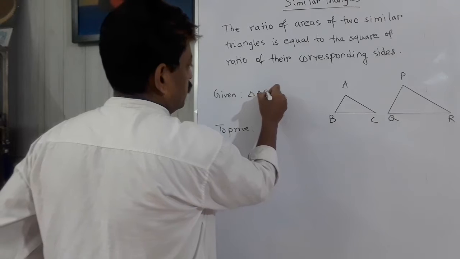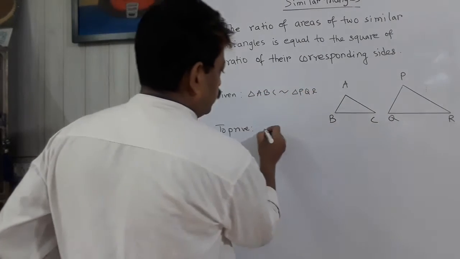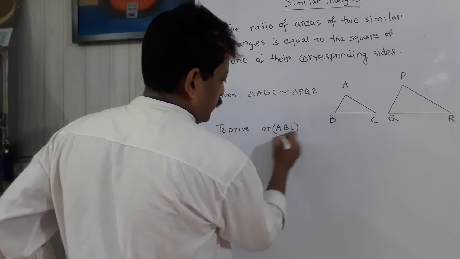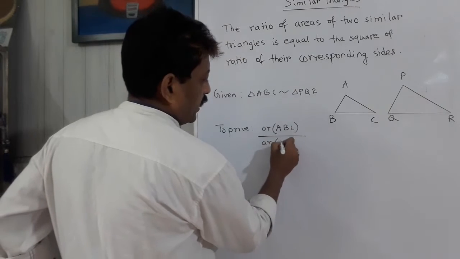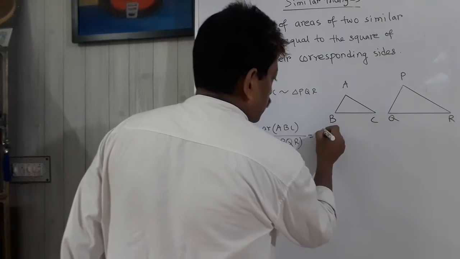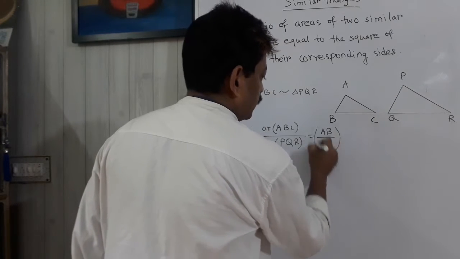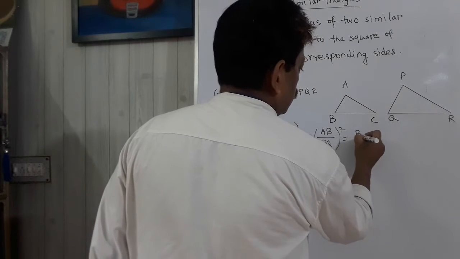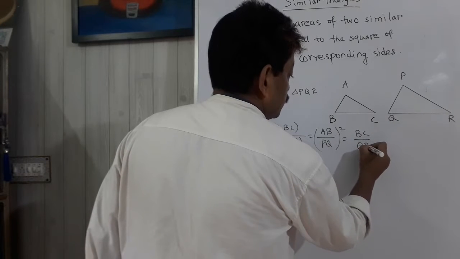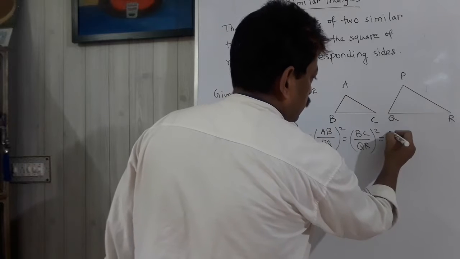Triangle ABC is similar to triangle PQR, and we have to prove area of triangle ABC upon area of triangle PQR is equal to AB upon PQ whole square equals to BC upon QR whole square equals to AC upon PR whole square.